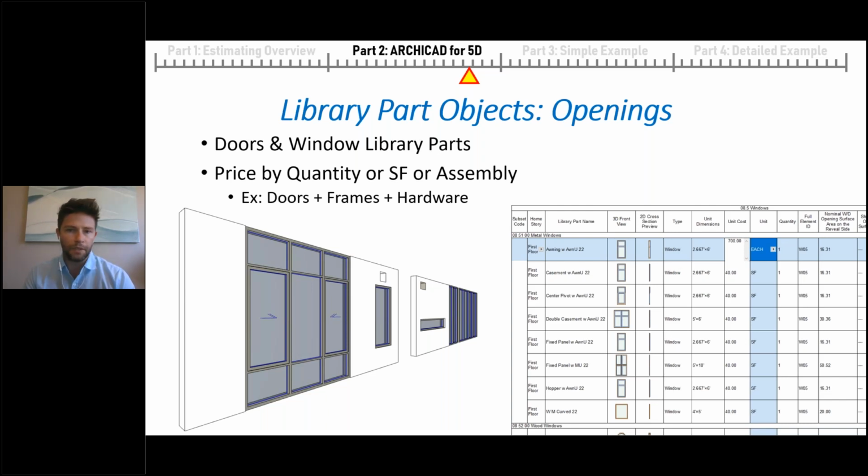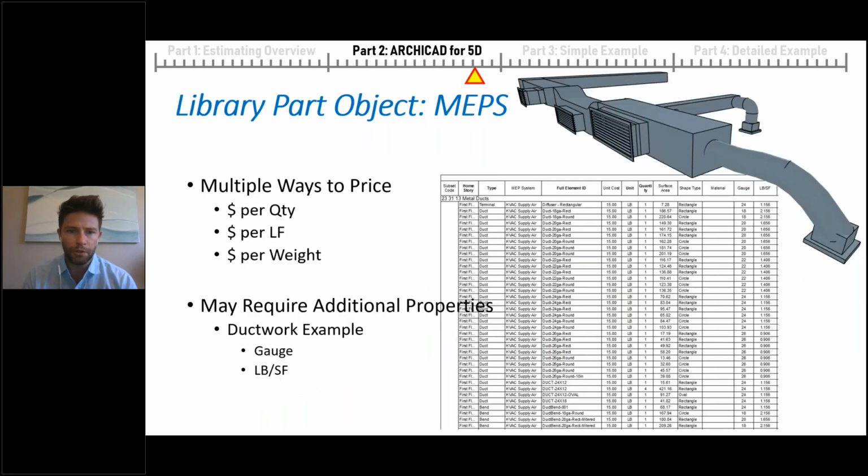But there are different levels of detail that we can assign to these objects, and often properties are going to be our most useful method for creating those different components or different cost measures within them, and assigning costs and building up these different assemblies. We have MEP tools, which can be priced in multiple different ways, whether by count, linear footage, surface area, or by weight. So again, properties can be a really powerful tool for organizing this info.